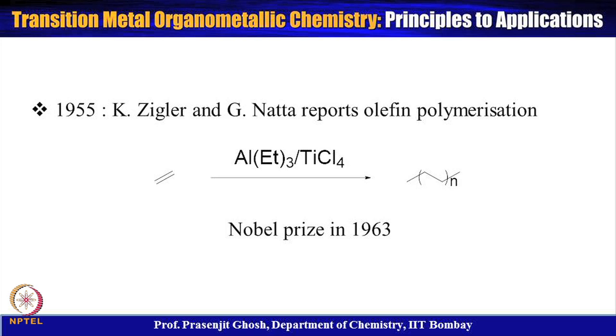What Ziegler and Natta did was they showed that olefins such as ethylene, propylene or other higher order olefins, in the presence of triethyl aluminum and titanium chloride, could give very long chain polymers, and that was a significant discovery that within 10 years was awarded a Nobel Prize. And we have seen that polymers have transformed the world significantly.